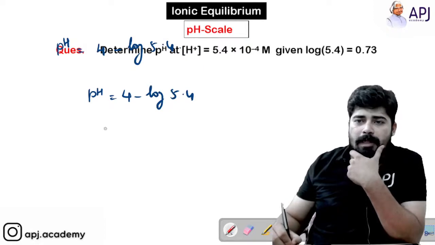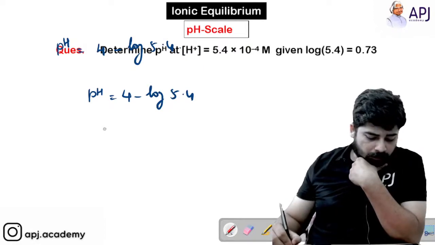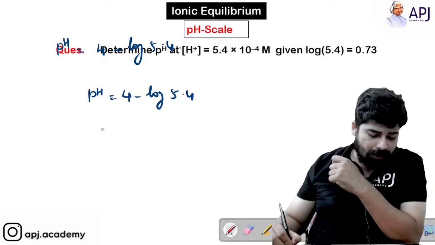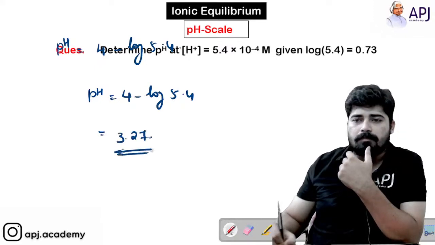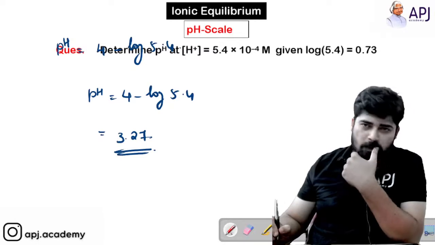So what will be the answer? Log 5.4 value is given as 0.73. So the answer will be 3.27.